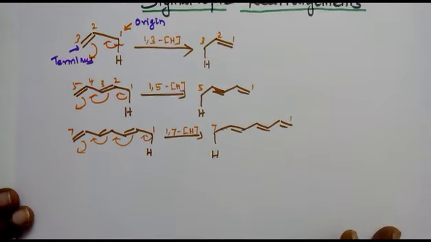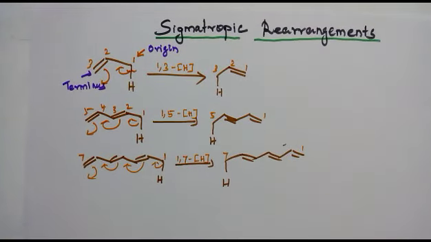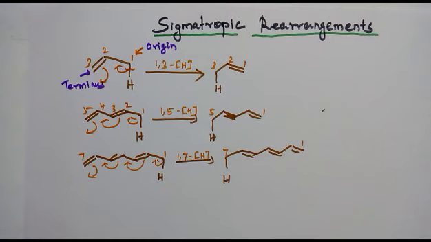Now let's study how these hydrogen shifts take place. How do the 1,3, 1,5 and 1,7 hydrogen shifts take place? How do the orbitals look? How do these reactions respond to thermal and photochemical conditions? We are going to see this in detail.